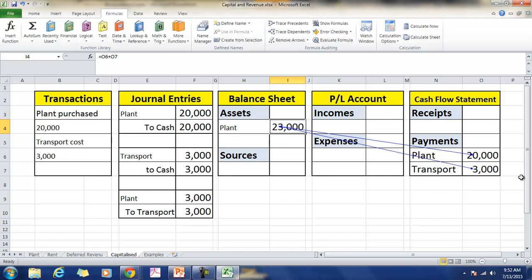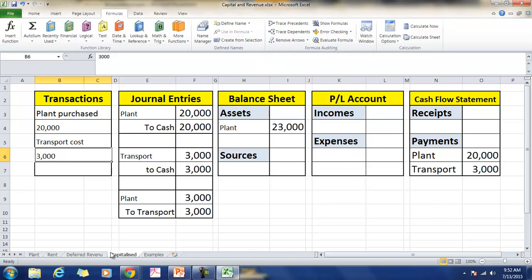So capitalization is a process of including transportation, which is normally treated as a revenue expense, into the cost of the plant. So the cost of the plant will now be 23,000, which is the money paid to purchase the plant and also money paid to bring the plant to the company's godown.